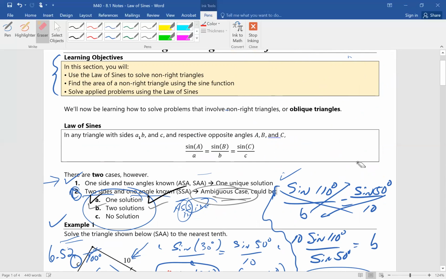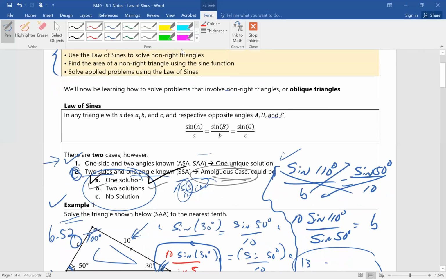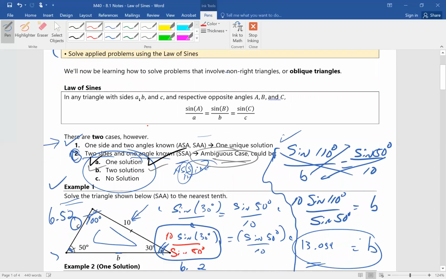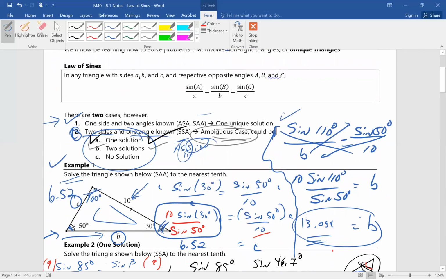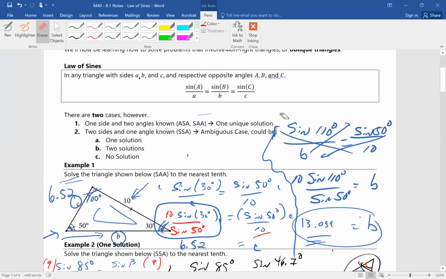The law of sines allows you to open up your world to non-right triangles. When you do that, you have a couple scenarios. Now, for example 1, I'm just summarizing as I'm cleaning up my notes. You can have one side and 2 angles known. When you do, piece of cake.